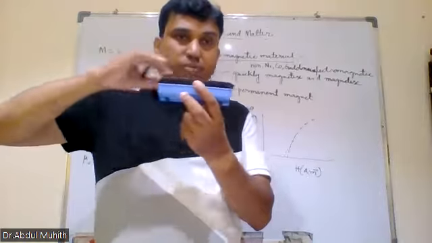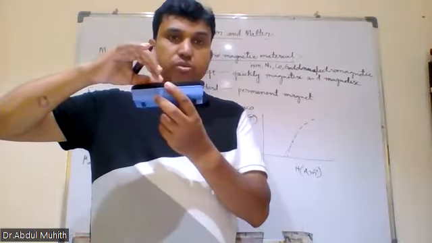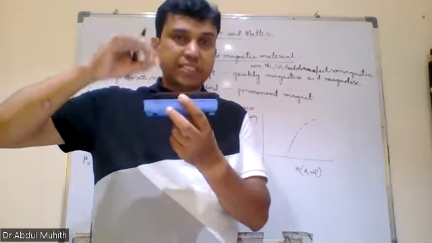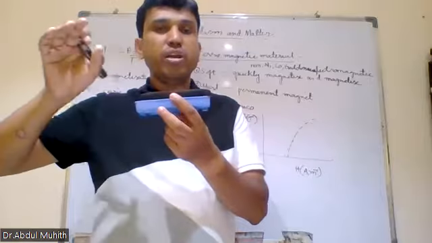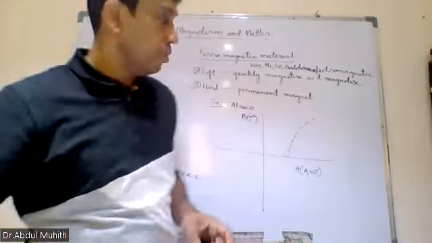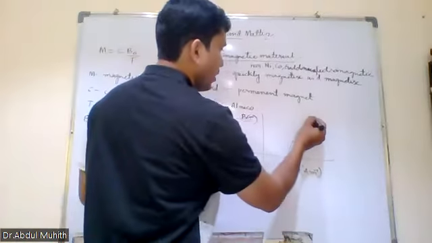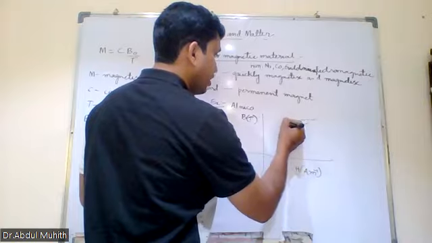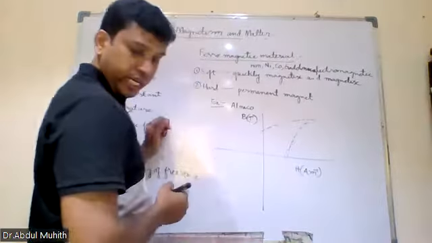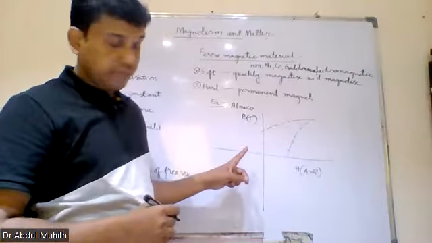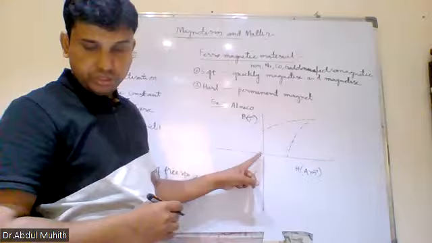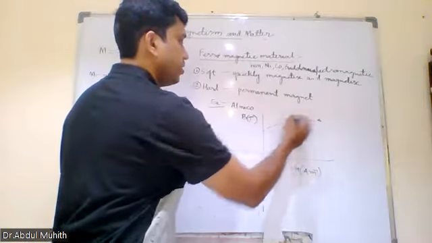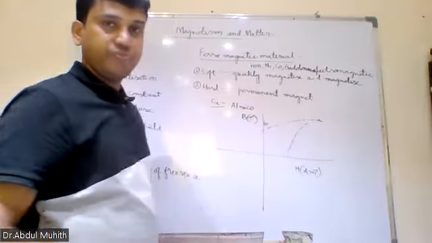It doesn't mean that the magnetization will become zero in this material. Maybe 70% will stay as it is, and 30% will change its orientation. So when the magnetic field is zero, the magnetization will not be zero here. So this is A, this is B. Is this clear, all of you?